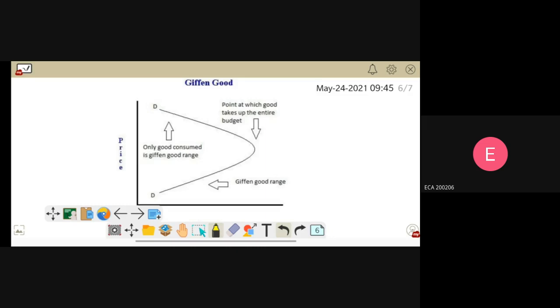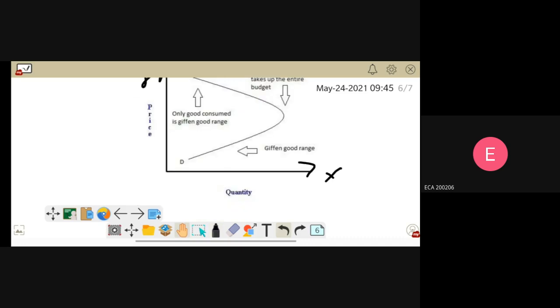This can be explained with the help of a diagram. There are two axes, the y-axis and the x-axis.